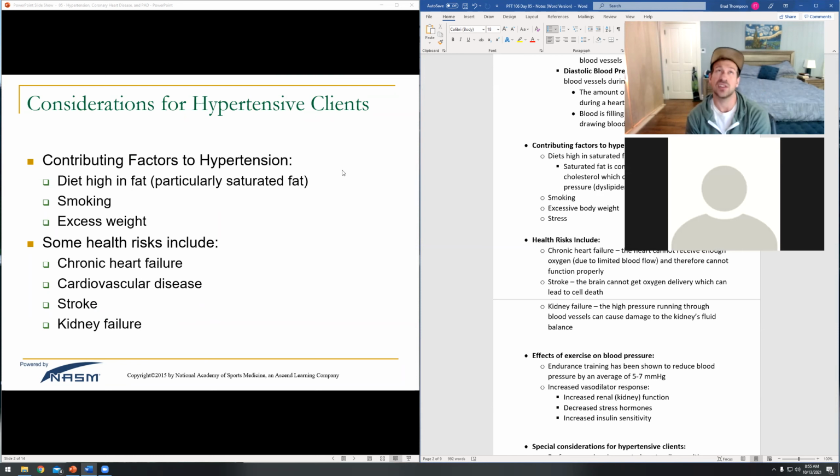Here's the thing: saturated fat is considered a bad fat, but it is not as bad as we've sort of given it credit for. I think it actually has some benefits. It's just that we've done it like everything else in the world, where we live in a version of the world where we get way too much saturated fat.